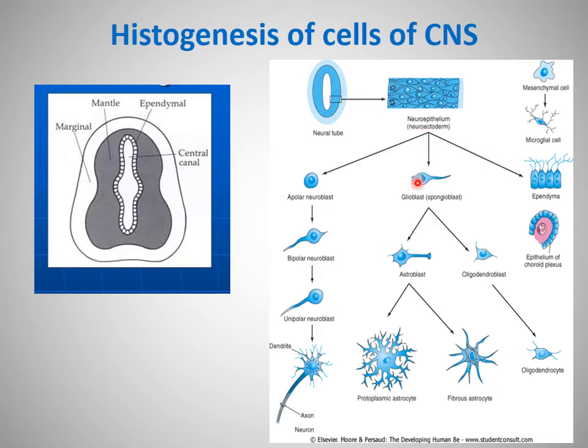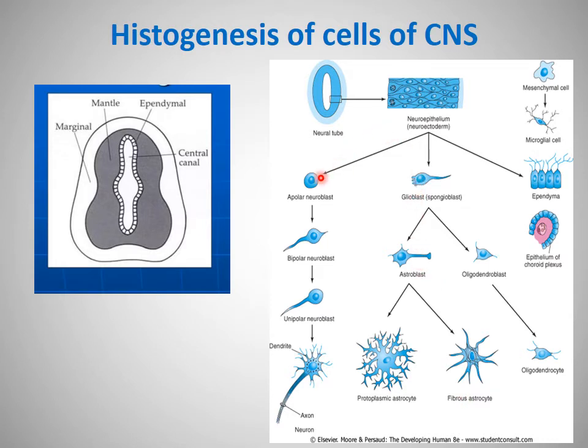These glioblast cells are of two types, the astroblast and the oligodendroblast, which will form the oligodendrocytes, and the astrocytes, which are of two types, the protoplasmic astrocytes and the fibrous astrocytes. So these are basically the neuroglial cells or the supporting tissue of the nervous system. They are also derived from the neuroepithelium from the ependymal layer.